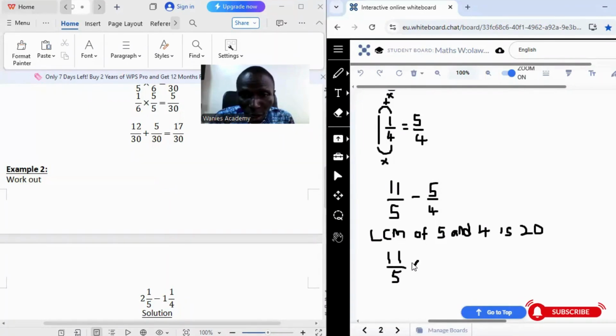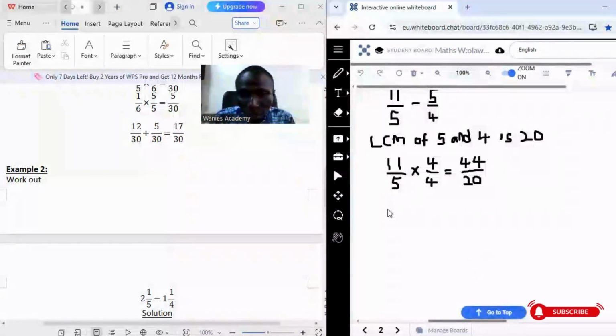We are multiplying the numerator by 4. We are also multiplying the denominator by 4 as well. So 11 times 4, we're going to have this to be 44, over 5 times 4, which is 20. So that's an equivalent fraction of 11 over 5.